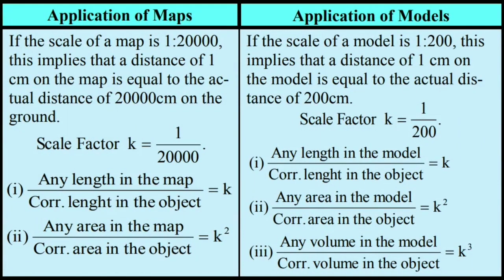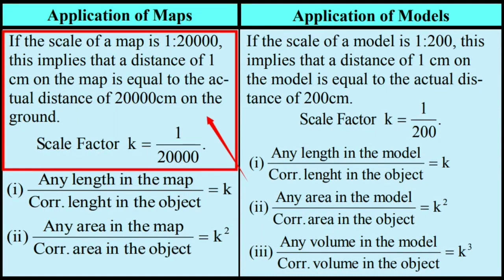Here is the application of size transformation on maps and models. Application of maps. Let's go through the statement. If the scale of a map is 1:20,000, this implies that a distance of 1 centimeter on the map is equal to the actual distance of 20,000 centimeter on the ground.